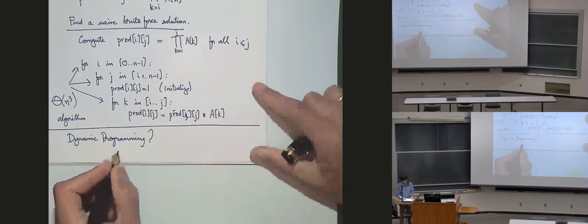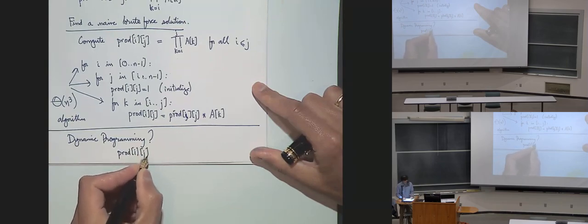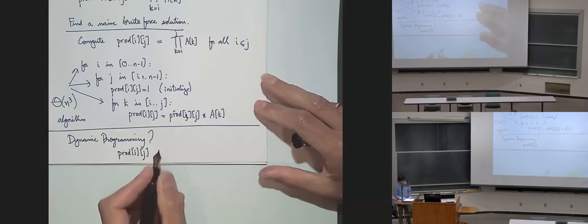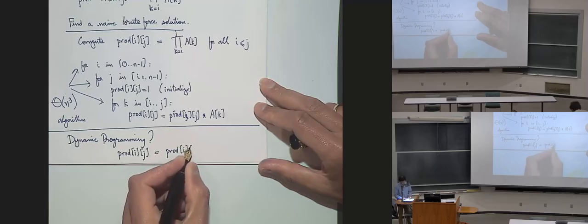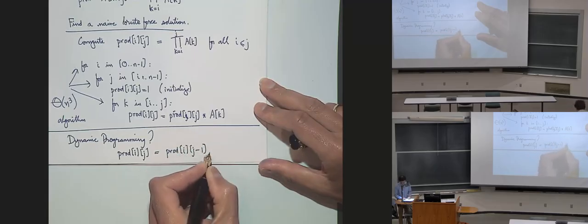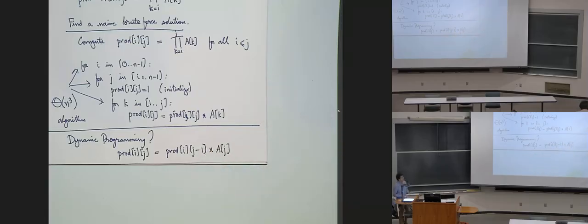What you try to do is you say, well, if I look at the product of ij, this is equal to the product of i j minus 1 times A of j. Does that make sense? Right?